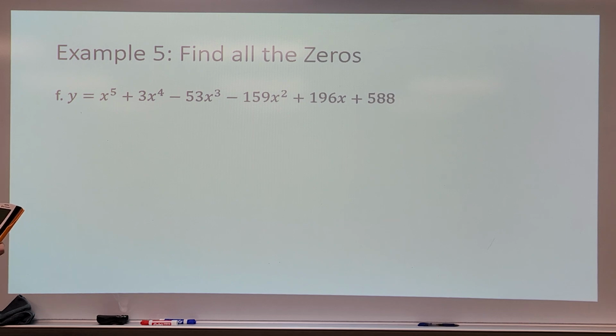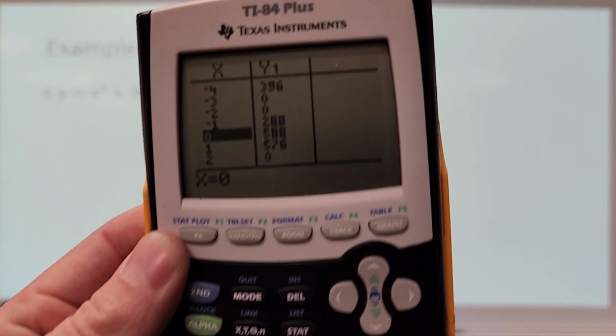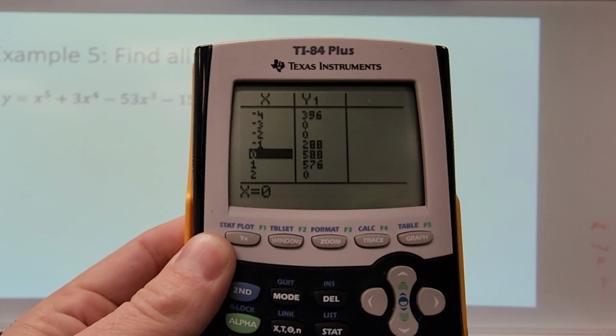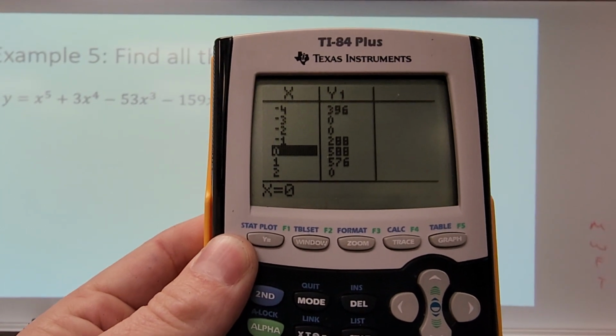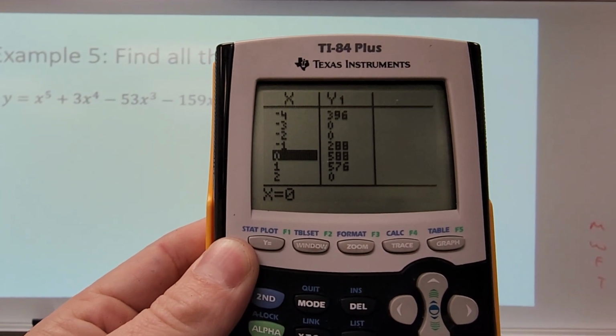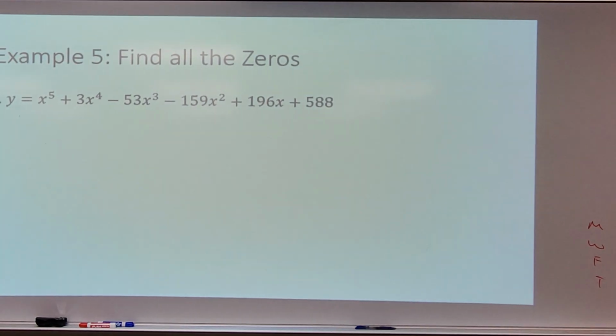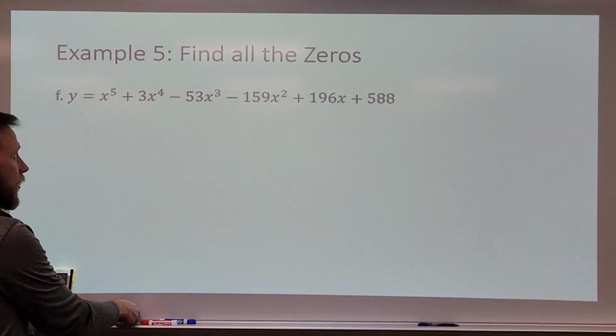Let's see, x to the third minus 159. All right, and then here you can see what your 3 rational real zeros are for that function. And I will let you handle that, divide those out as needed.